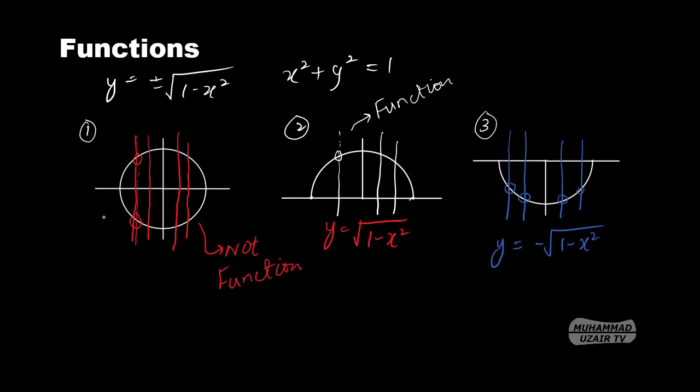So we can say that a complete circle, with both plus and minus sign, is not a function. But if we consider the positive side or the negative side separately, then we can consider it a function.